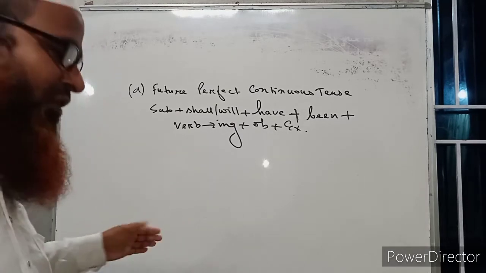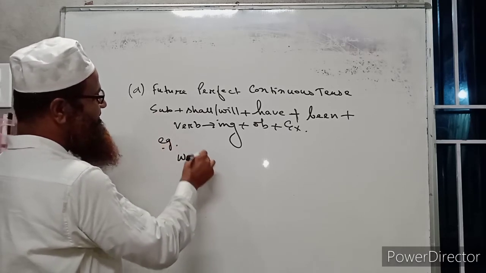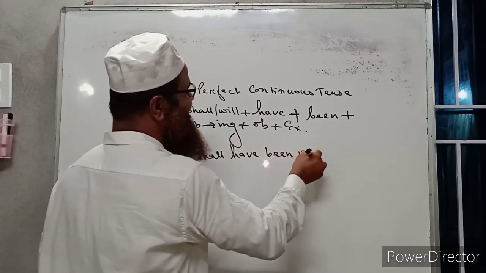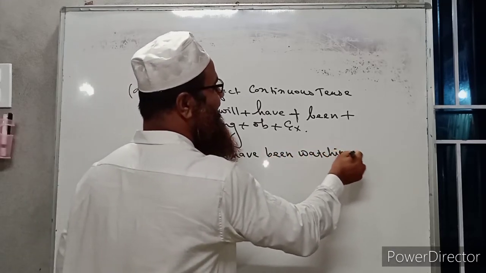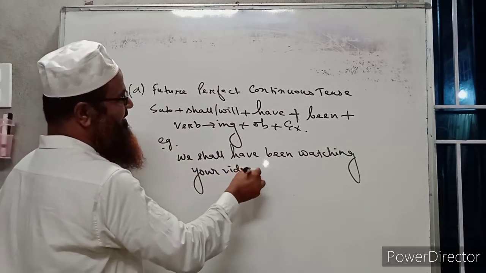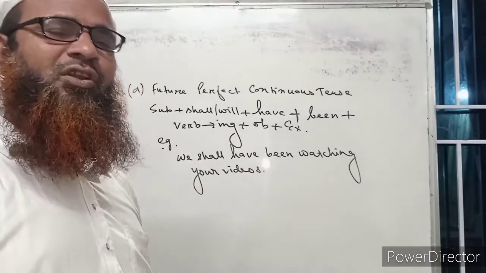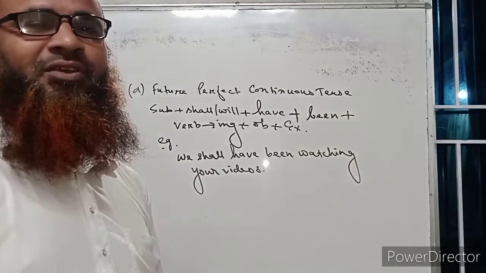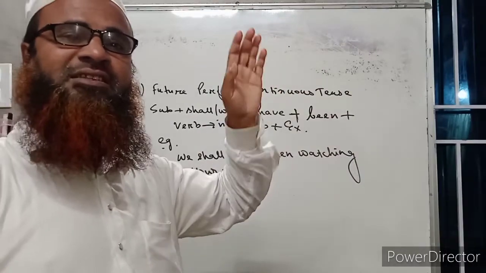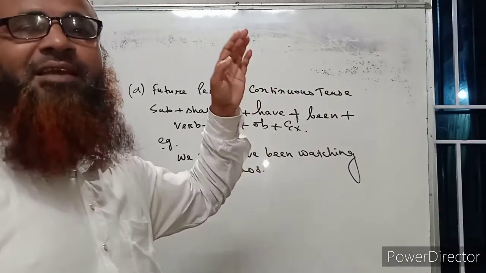An example: we shall have been watching your videos. This is a very simple sentence which explains that the action of watching your videos will be continuing till an indefinite time of future.